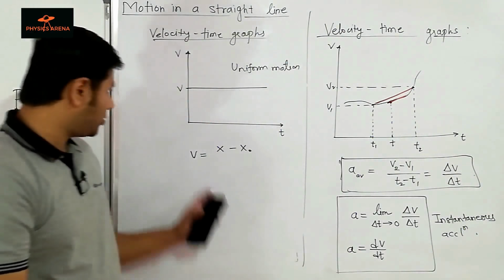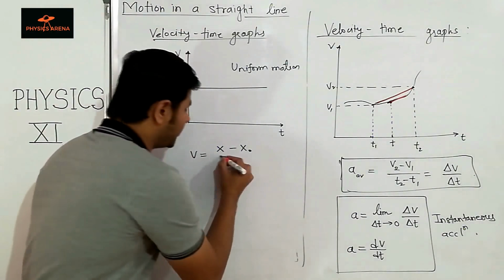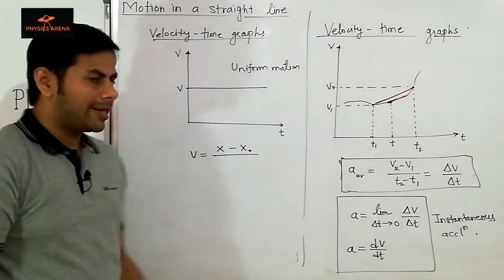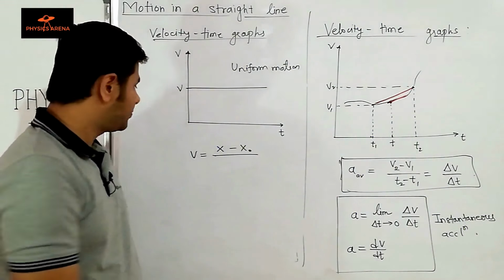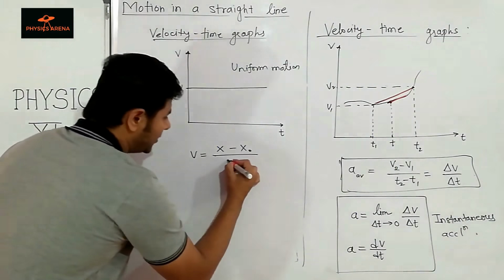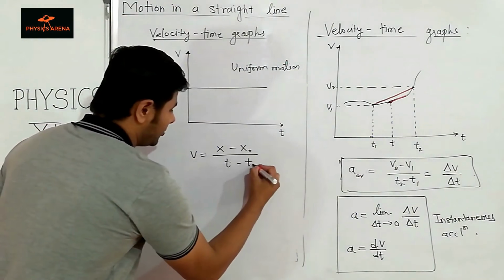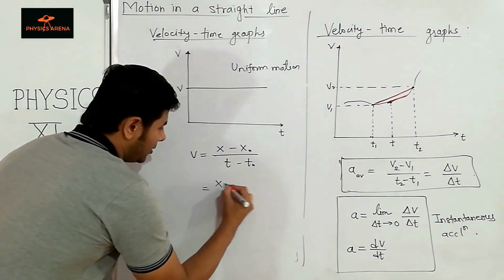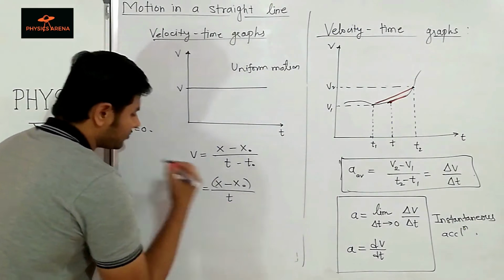So for uniform motion, I can write v equals x minus x0 divided by t minus t0, and let's take t0 equals 0. So I can write this as t only: x minus x0 divided by t.